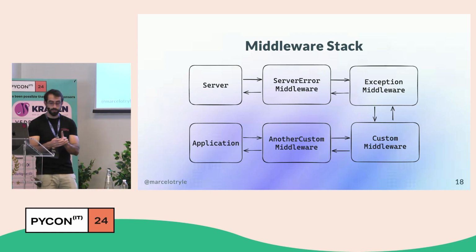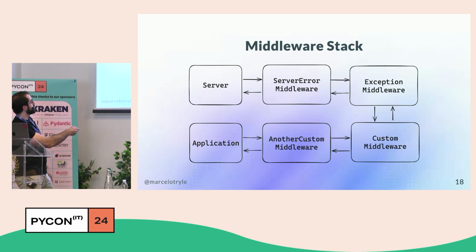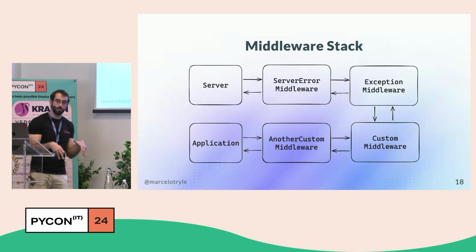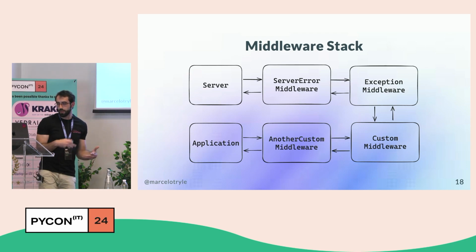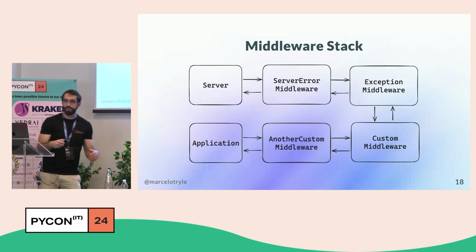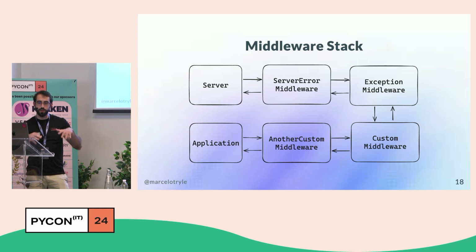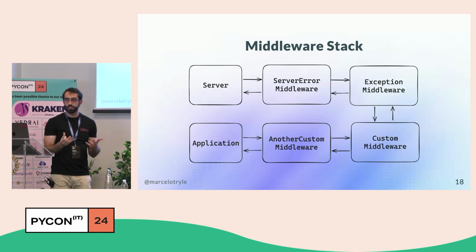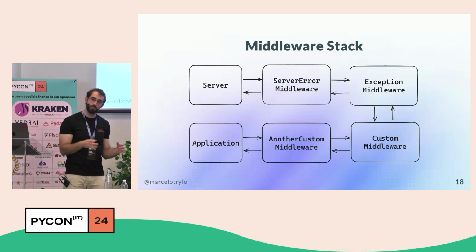You have the server error middleware here, which didn't appear on the previous slide, and you have the exception middleware as well. Those two are already in the framework itself; we have built-in middlewares. The server error middleware happens when you have an exception in the application, and it makes sure that you are sending the 500 back to the client.